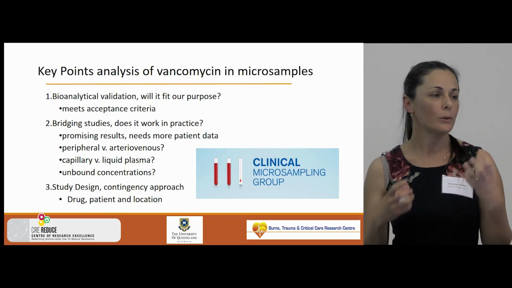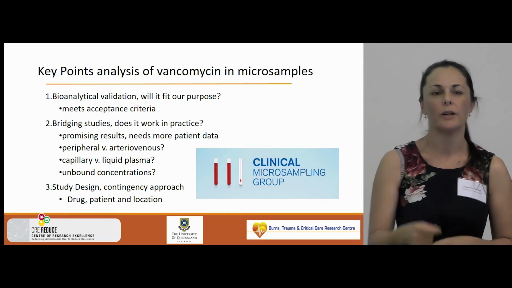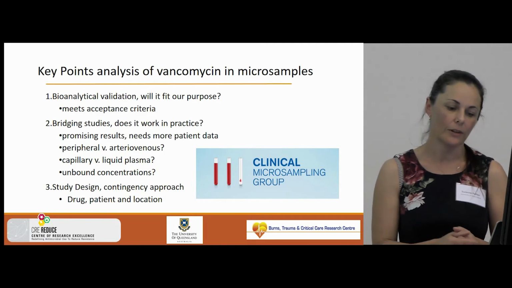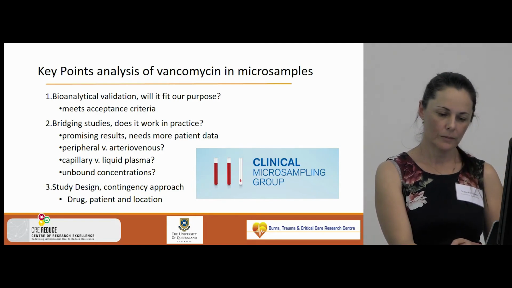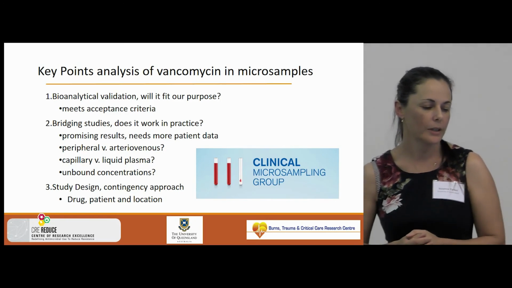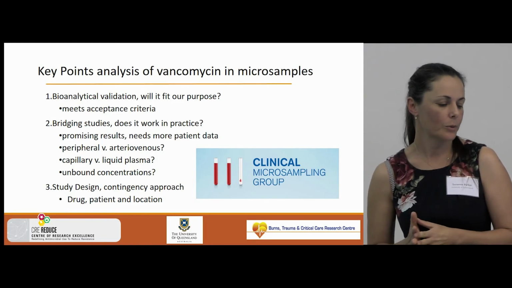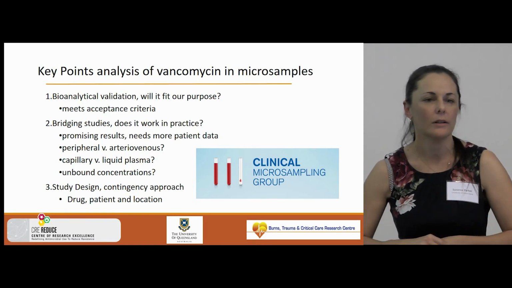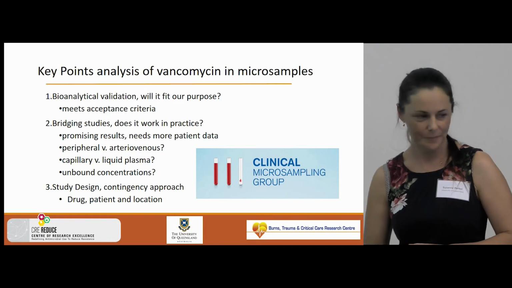It's just going to be what's going to be the best microsample for your patient, depending on what location they're in. If we're to successfully use microsampling in pharmacokinetic studies, we think the best approach is probably a really thorough and considered study design from the start.